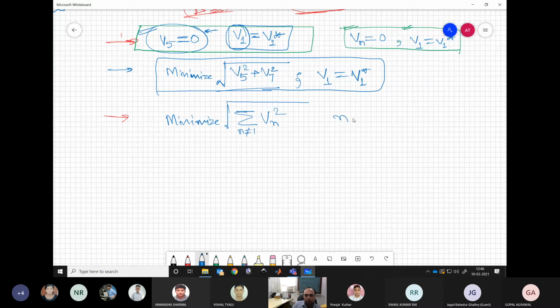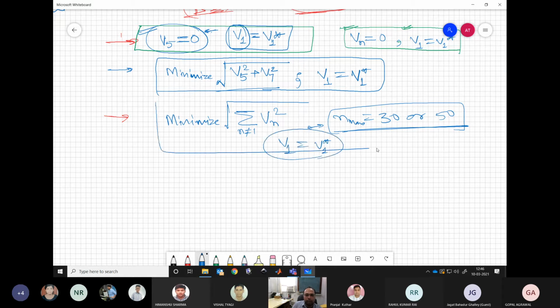You can fix a maximum n, let's say 30 or 50. So up to the 50th harmonic, whichever are present, we will have minimized values of this sum while maintaining V1 at the desired value. This could be another performance metric. It doesn't matter how many switching angles you have, you can always do this.